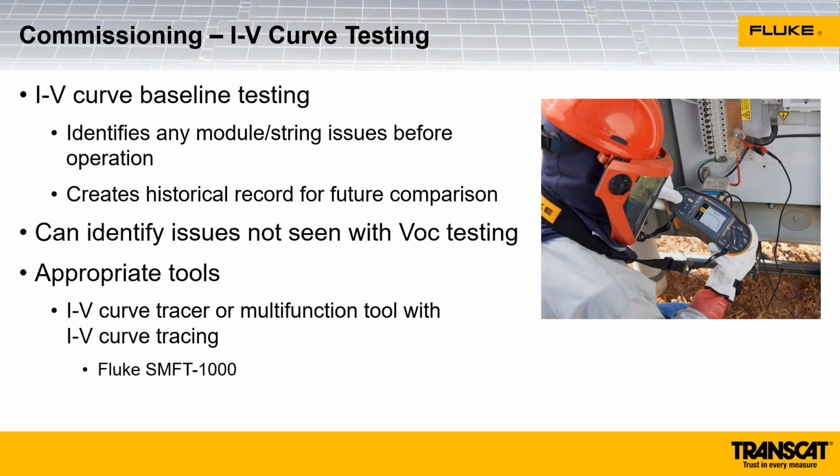Any IV curve tracer or multifunction tool with IV curve tracing is going to work. Again, it needs to be rated for the voltage and the category rating for the environment you're working in, and needs to have a current rating appropriate for what you're testing as well. The Fluke SMFT 1000 is 1000 volt rated and it can measure up to 20 amps. So it'll do a string of modules up to 1000 volts, and usually a single string of modules is going to be less than that 20 amp limit.